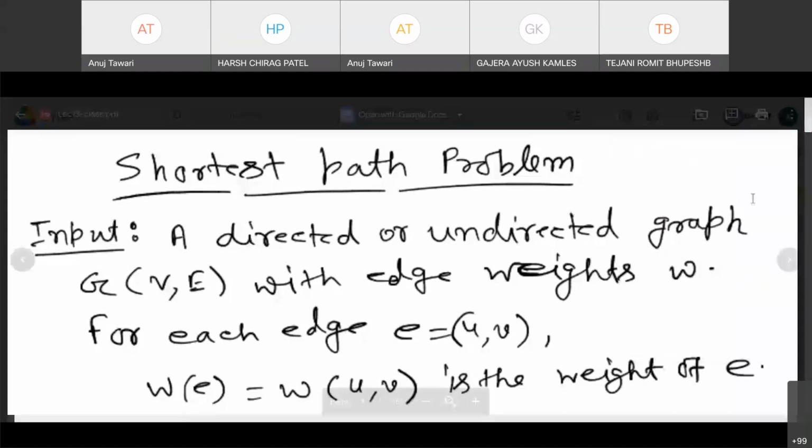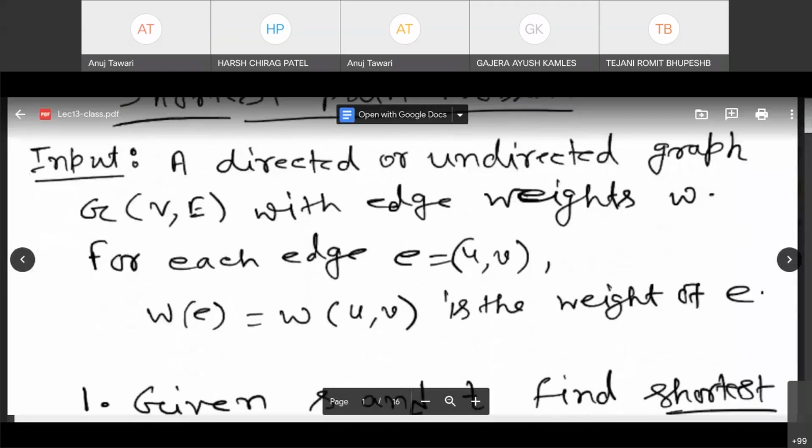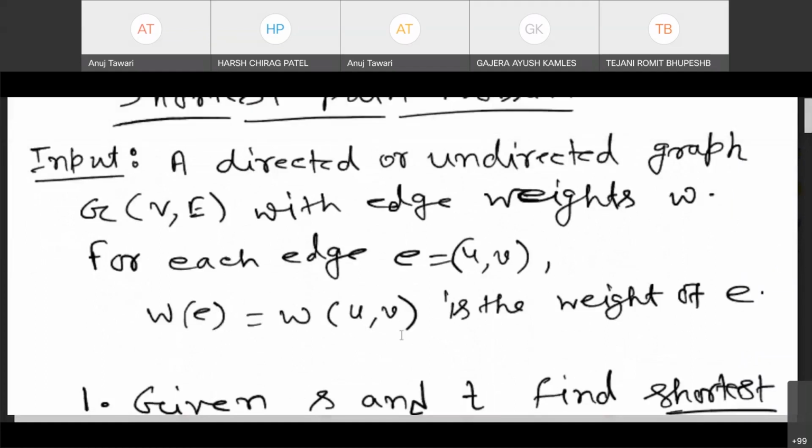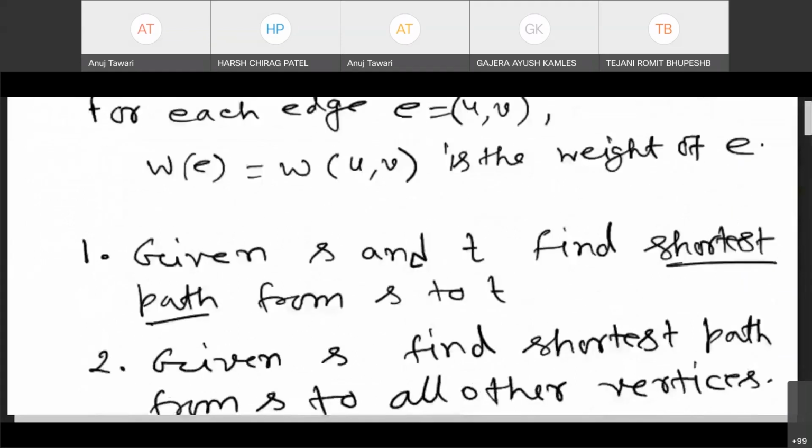Let's say w of e denotes the weight of the edge. And what we are interested in is this problem.